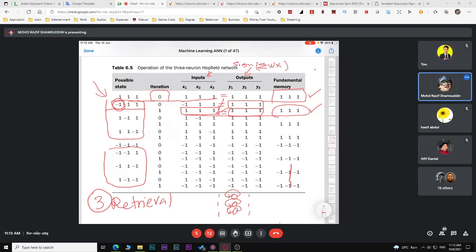Okay. Macam mana pula all possible state? Soalan itu saya anggap ada 2. So, all possible state adalah state selain daripada fundamental memory. Maknanya you kena kira lah what are the other possible state. So kalau dia punya neuron dia ada 4, lagi banyak lah dia punya possible state yang lain yang you kena run. Okay, boleh? Boleh saya, faham dah.